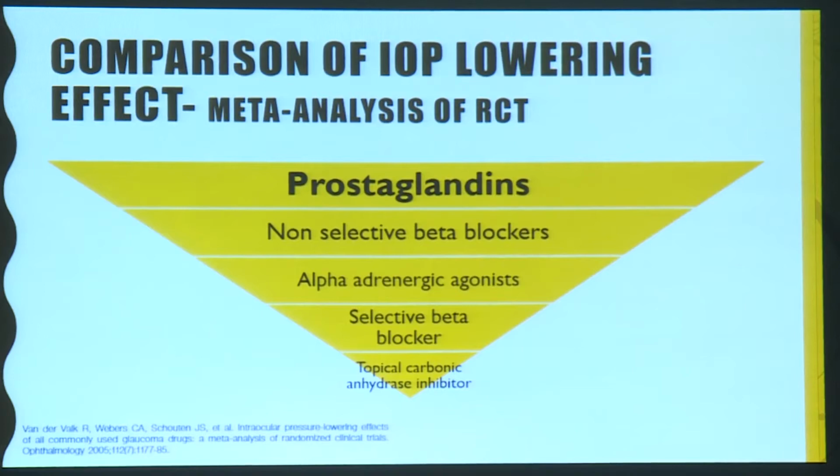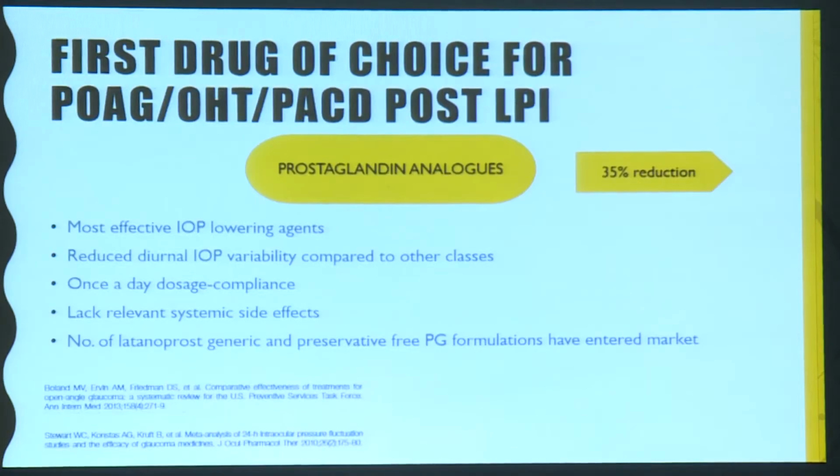So this is a meta-analysis of RCTs comparing the IOP lowering effects of different medications, which says prostaglandin tops the list, followed by non-selective beta blockers, followed by alpha adrenergic agonists, selective beta blockers, and then topical carbonic anhydrase inhibitors.